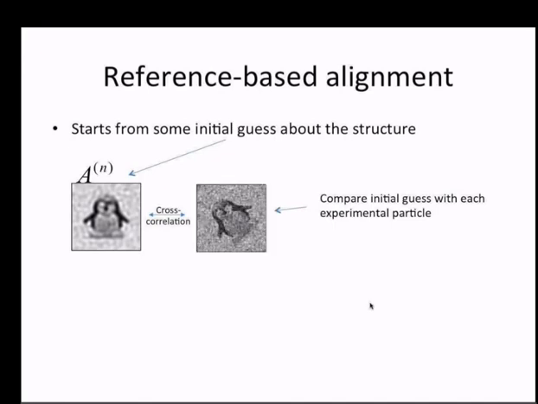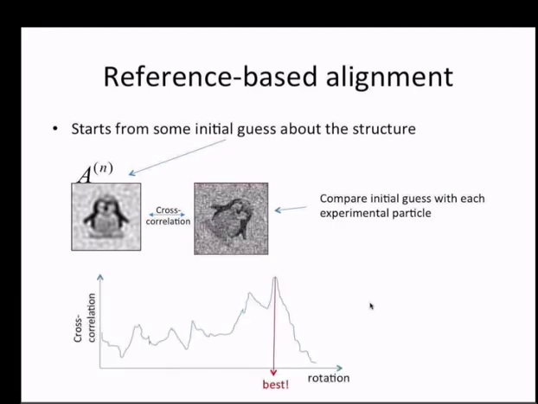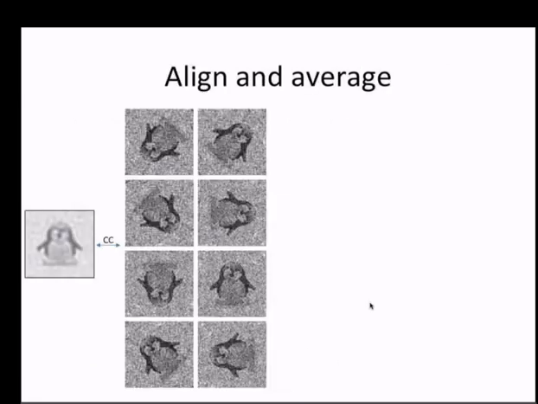Then you just rotate your experimental particle or your reference particle around until you find an optimal fit. You calculate the cross-correlation for all these rotations. And then you say, where it fits best, that will be the true relative orientation of your experimental particle with respect to that reference image.